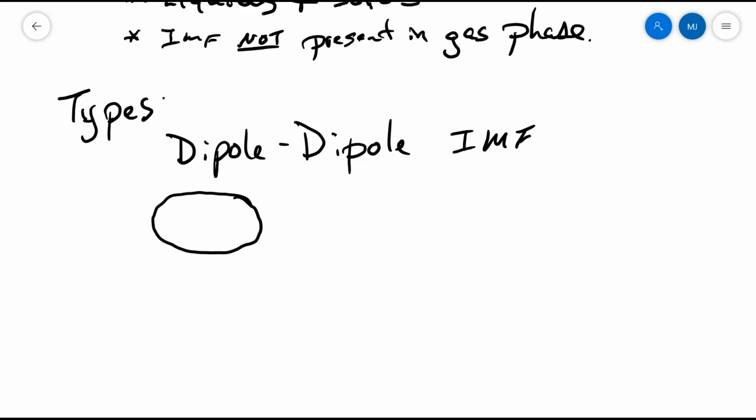So let's draw a generic molecule, and we'll say this end is partially positive and this end is partially negative. They have to be polar molecules. And because there's this permanent uneven distribution of electrons within these polar molecules, opposites attract.